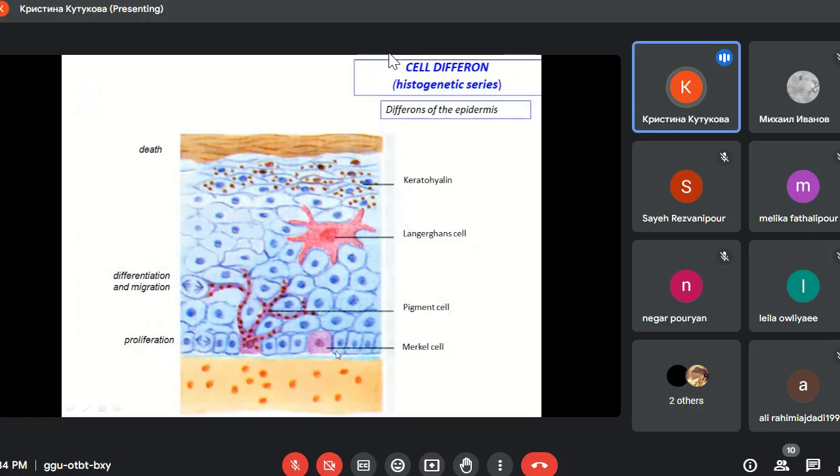It comes here from blood vessels, goes out, and enters the layer of the skin. We also have the pigment cell, the melanocyte, which gives the skin its color, and the Merkel cell, which is for touch sensitivity. These are all other cell types, or as we name them, other differons of the epidermis, except the main one, the differon of keratinocytes.